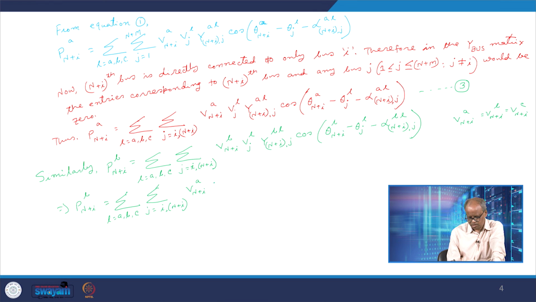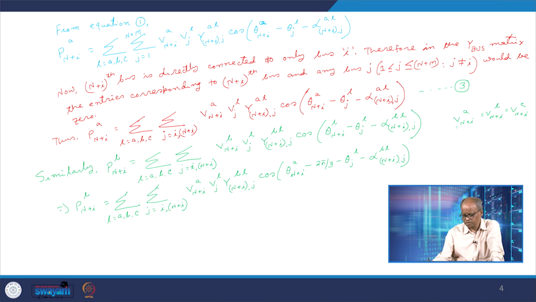Then V j l, Y n plus i j b l, cosine. Here also we can say that this is theta n plus i a minus 2 pi by 3, then minus theta j l minus alpha n plus i j b l.